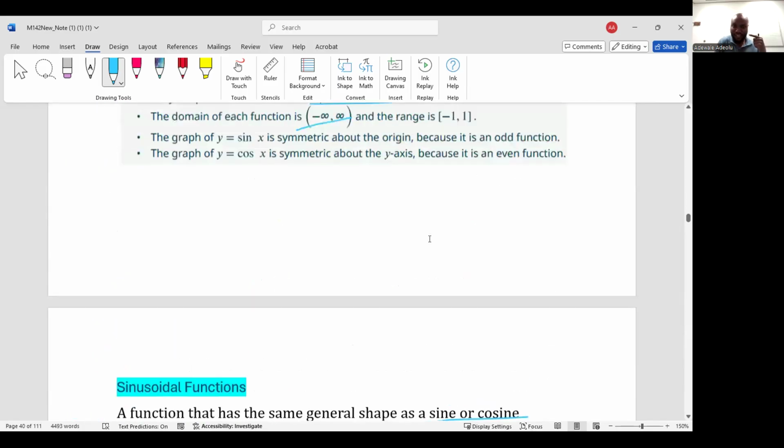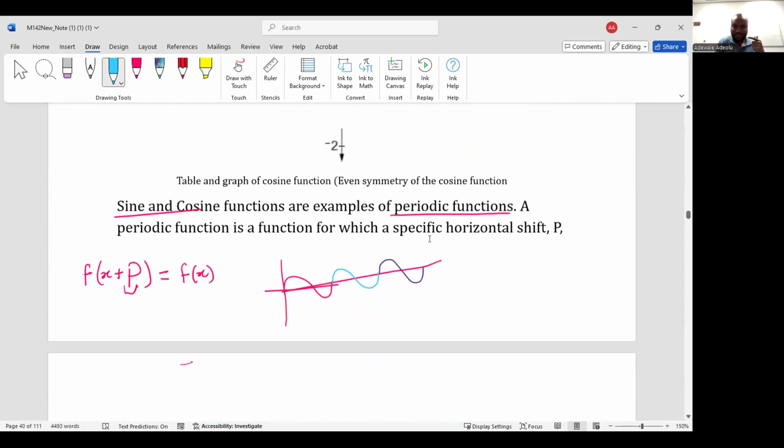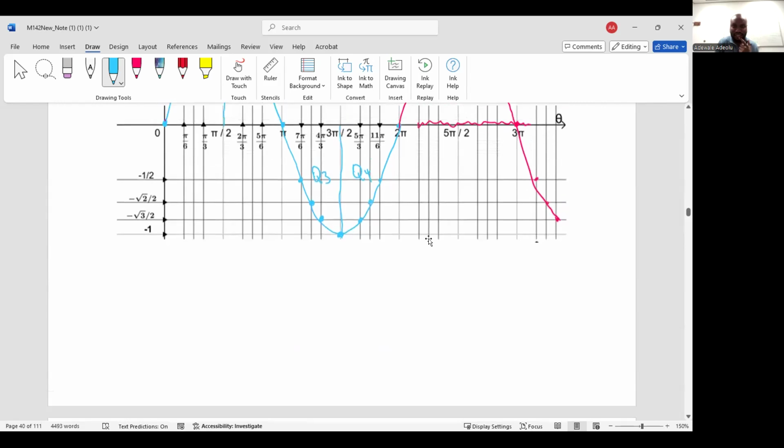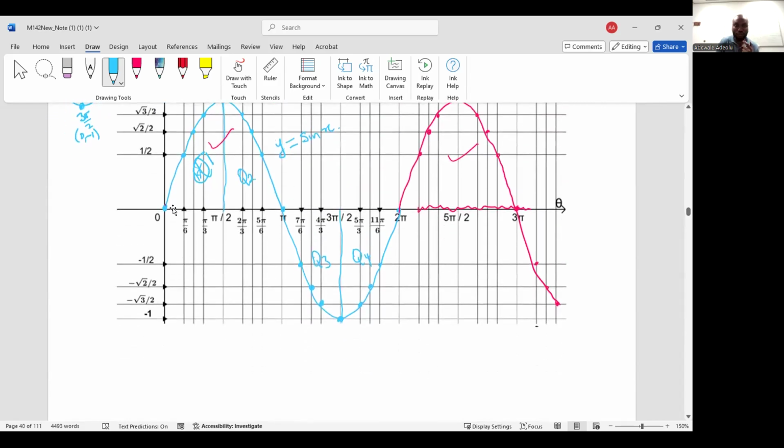In a visual way, instead of one rotation ending at 2 pi, we are shrinking it. It is no longer 2 pi. It is something less than 2 pi to complete that one rotation. It completes the one rotation, but it doesn't get to 2 pi.